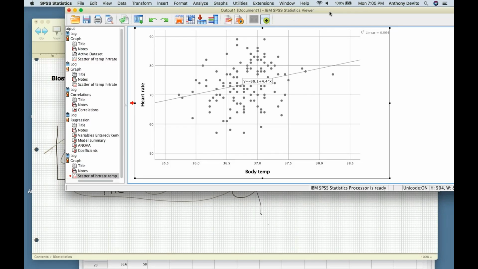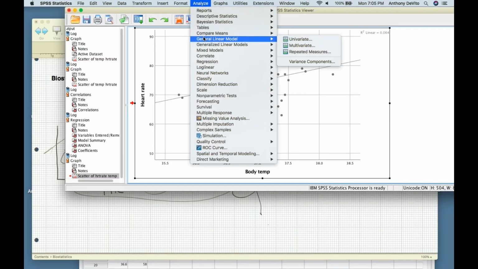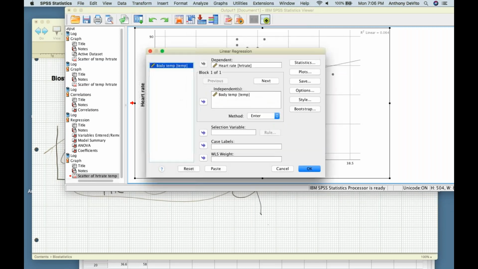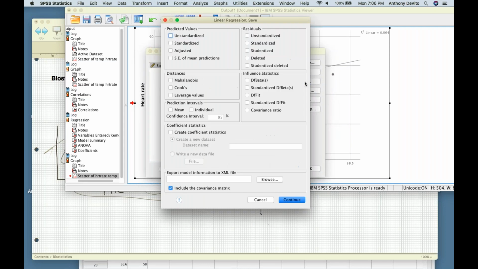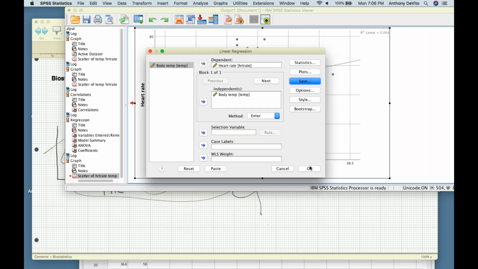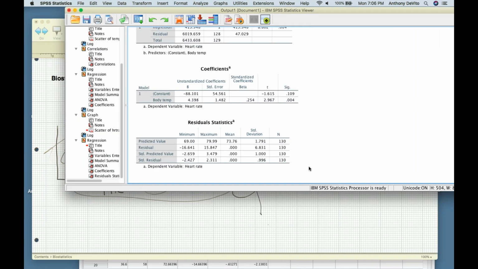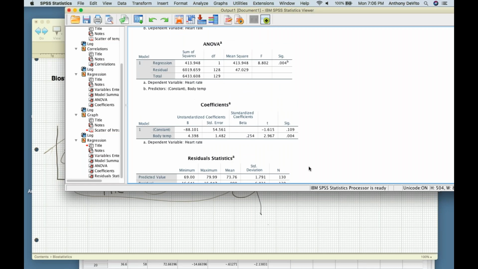So I'm going to go to Analyze, Regression, Linear, and I'm going to click into this box that says Save, and I'm going to ask it to give me the unstandardized predicted values and the unstandardized residuals. And I'm also going to ask it to give me these as well. Okay, I'm not going to worry about them at the moment. Okay, so what happened here? It doesn't look like much changed over here.